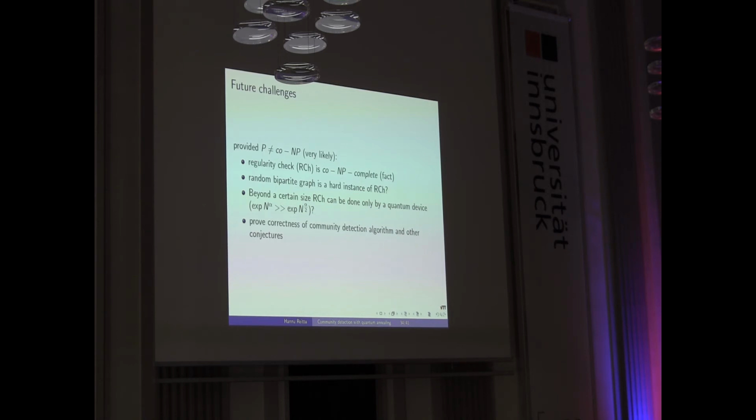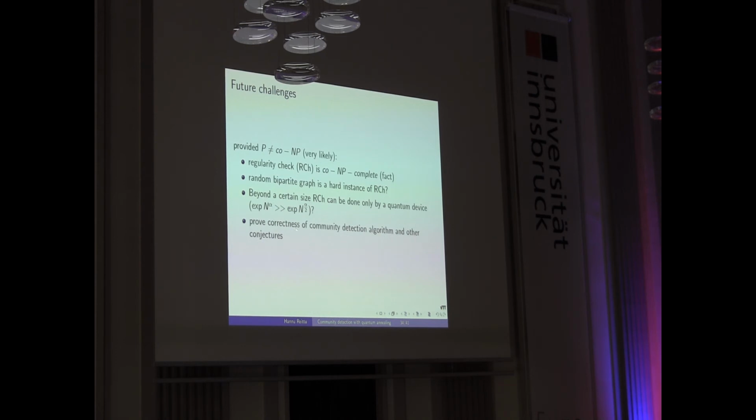Okay, so these are the conclusions or future challenges. So I don't know. Is this really this? Can you have from random bipartite graphs a hard instance of regularity check? Maybe this is too optimistic, but anyway, that's what I try, or we try, to do next.